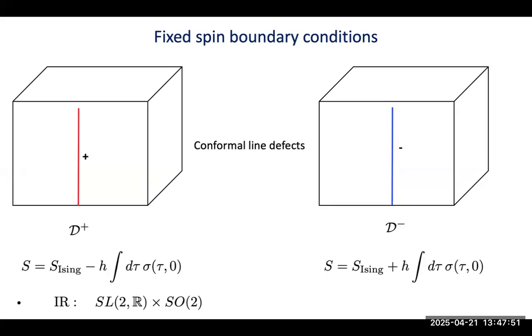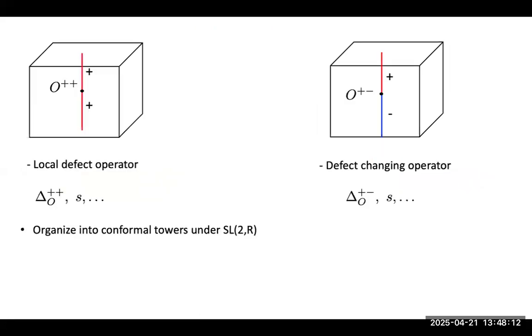Okay, so I'll call this defect D plus, this fixed spin, or sometimes people call it pinning field defect. You can also break, of course, the Ising symmetry in the opposite way, and that defect I'll call D minus. So we expect these defects to exist in the 3D Ising model.